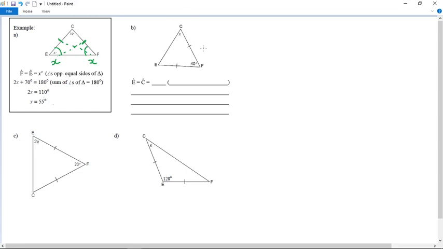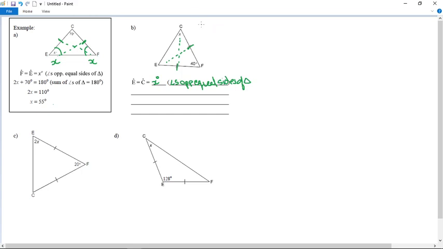So if we come over here, we first notice this is an isosceles triangle, okay? This angle x is opposite that side, and this angle E is opposite the other side. So angle E equals angle C, which is x degrees, because they are the angles opposite equal sides of a triangle.